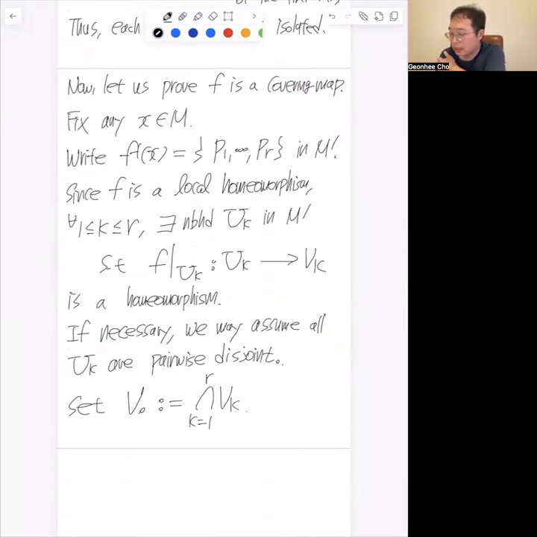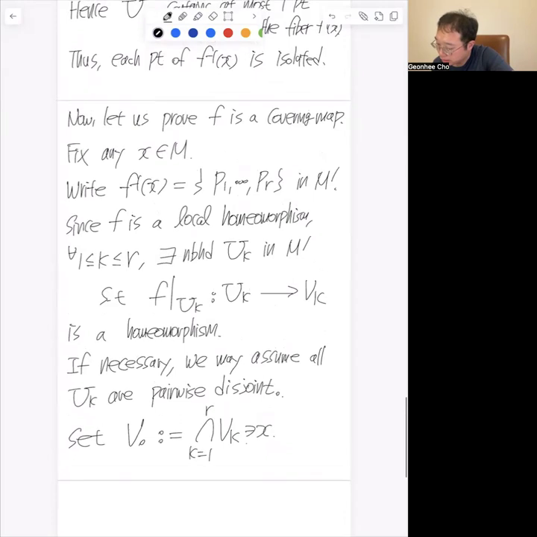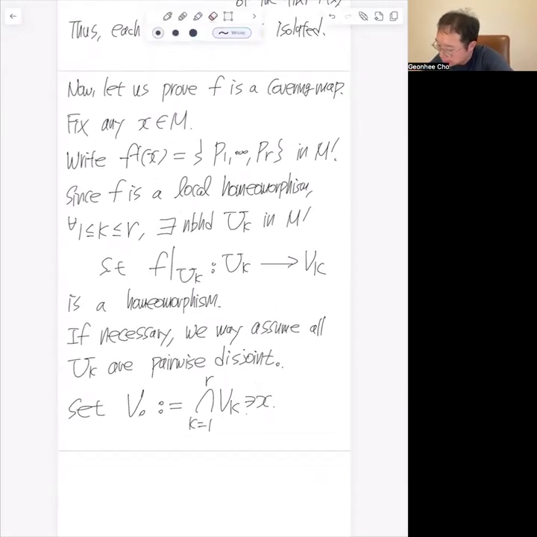This is a finite intersection, so still this is an open set, and it is also very clear that this V naught contains the fixed point x.